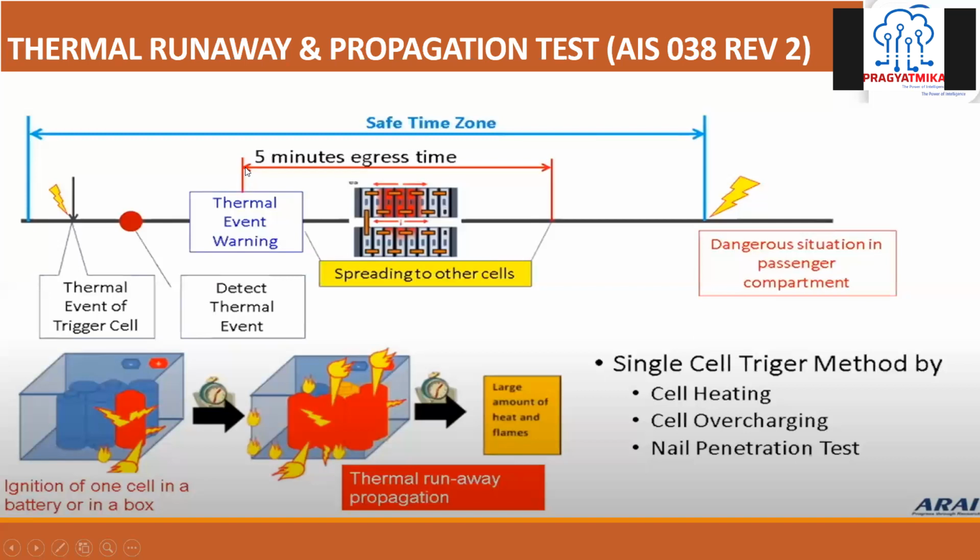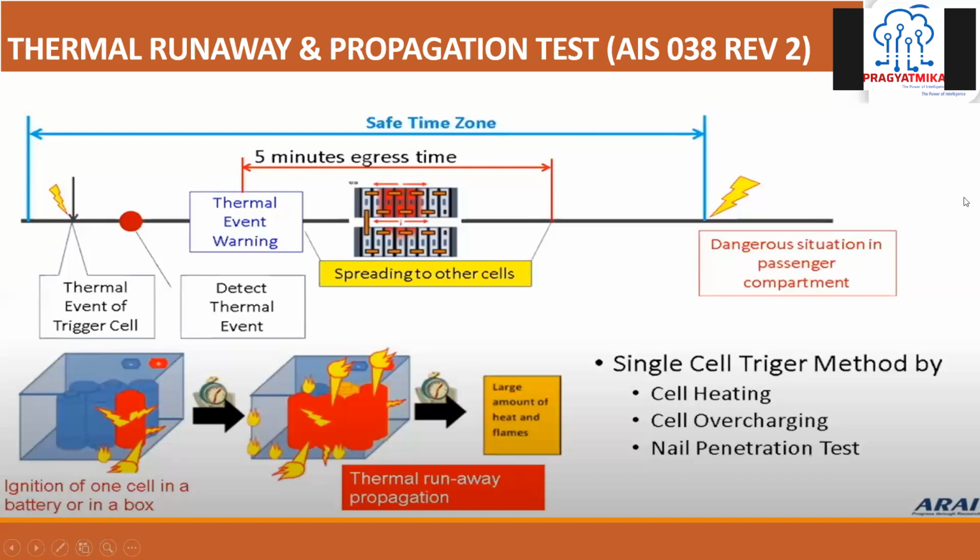And from that time, 5 minutes is the time you have been given to warn your passenger that within 5 minutes the fire has either started or is going to start, and it will reach the passenger compartment. So you have a 5-minute period for detection and warning, so that the person in the passenger compartment does not come under attack of the fire.